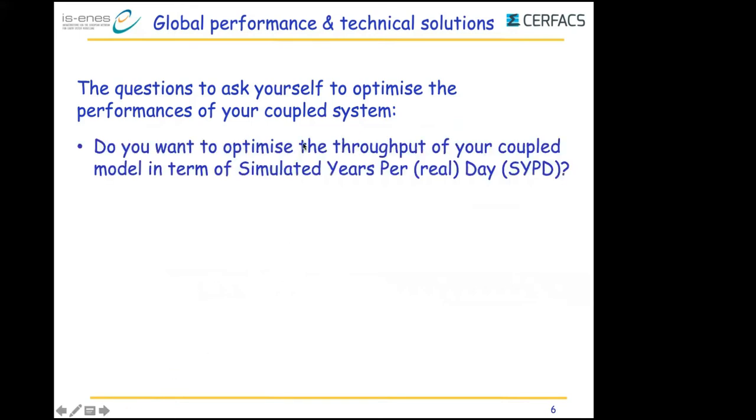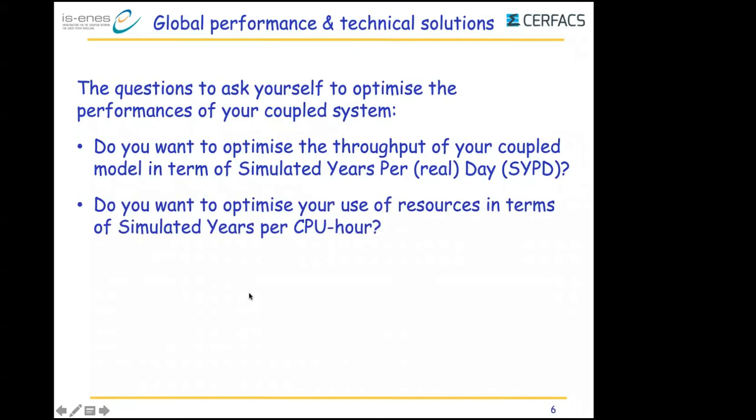But optimizing the performance of a coupled system can have different meanings. Do you want to optimize the throughput of your coupled model in terms of simulated years per day? That is, do you want to get the result as fast as possible? Or do you want to optimize the use of resources in terms of simulated years per CPU hour? That means making the best use of the resources you have.